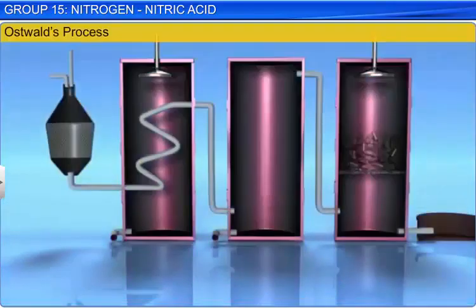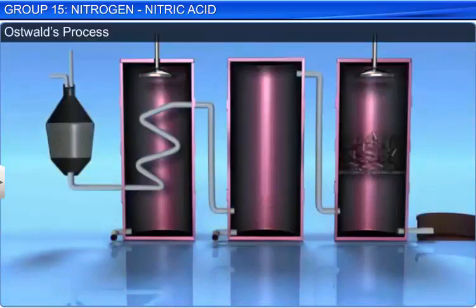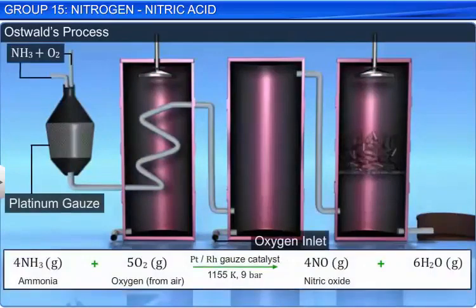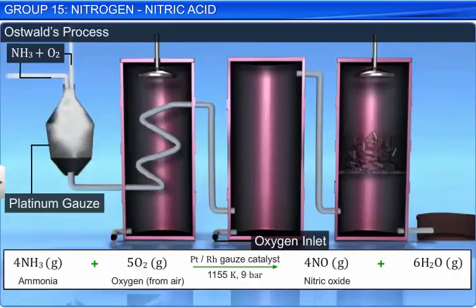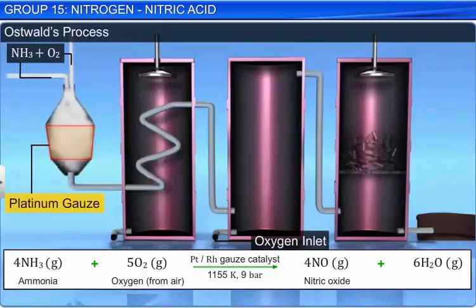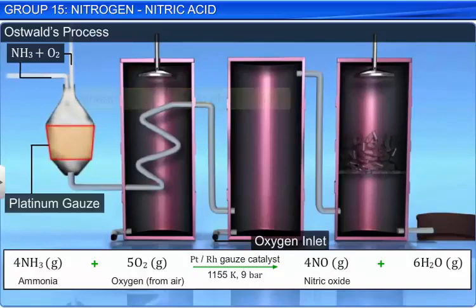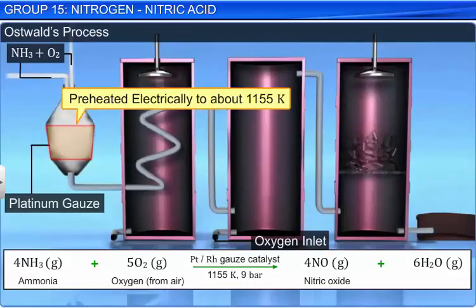Let us take a quick look at the process. First, a mixture of dry ammonia and air is passed through a catalytic chamber that is fed with preheated platinum gauze. The platinum gauze is preheated electrically to about 1155 Kelvin.